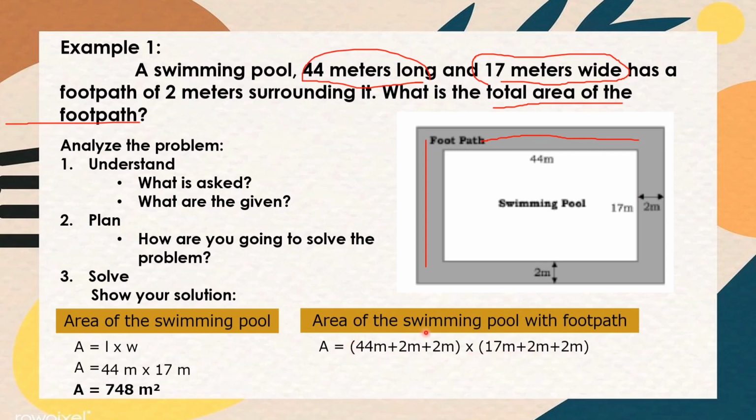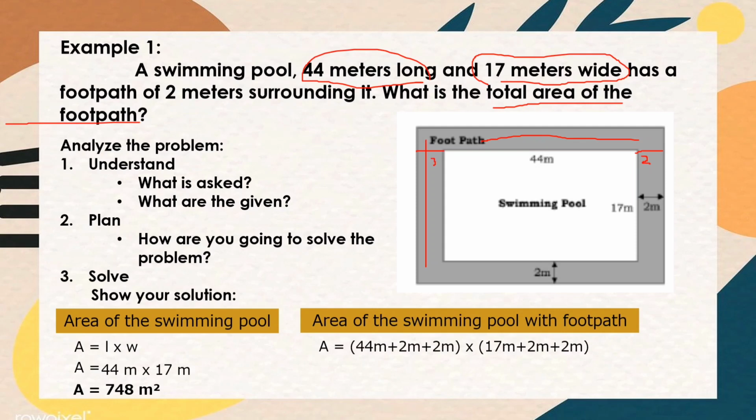So, saan mo nakuha yung 2 meters na yun? Okay. So, from this 44, para makuha natin yung side nito, i-add natin yung meter dito at saka yung meter doon. So, that is equivalent of 2 meters according to this. So, 44 plus 2 and another plus 2.